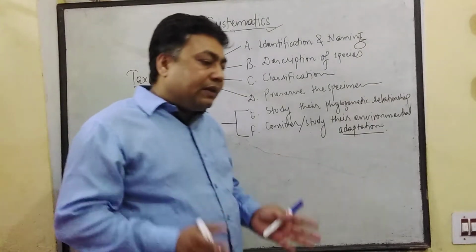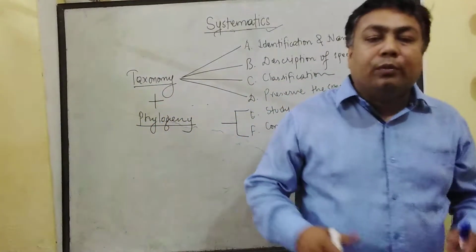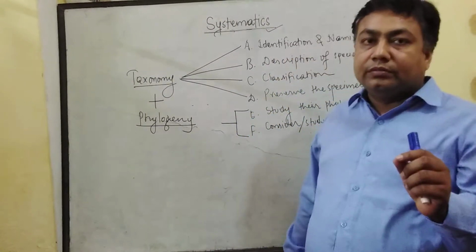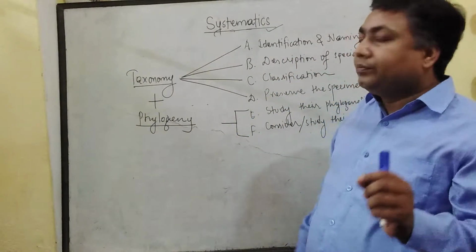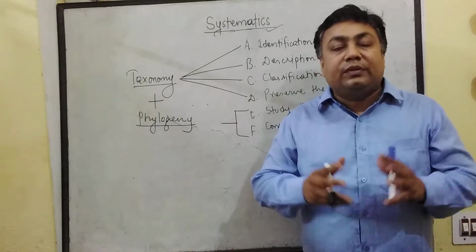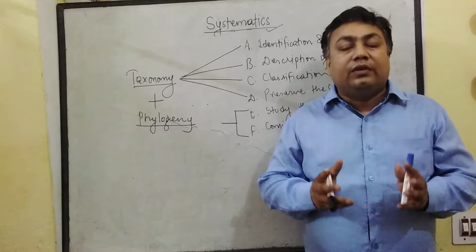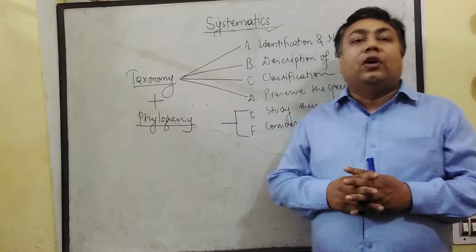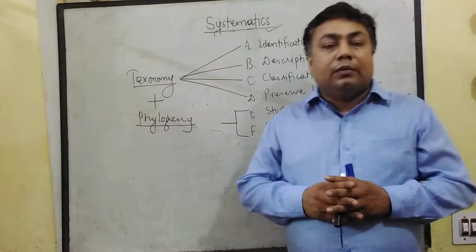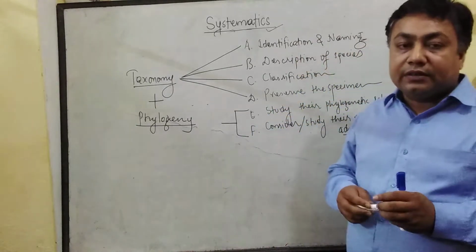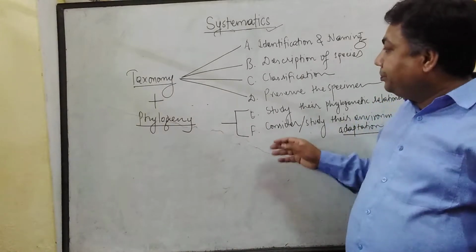So systematics or biosystematics or botanical systematics, whatever term we use, is the presentation of diversification of life forms on earth on the basis of plesiomorphous characters and apomorphous characters.